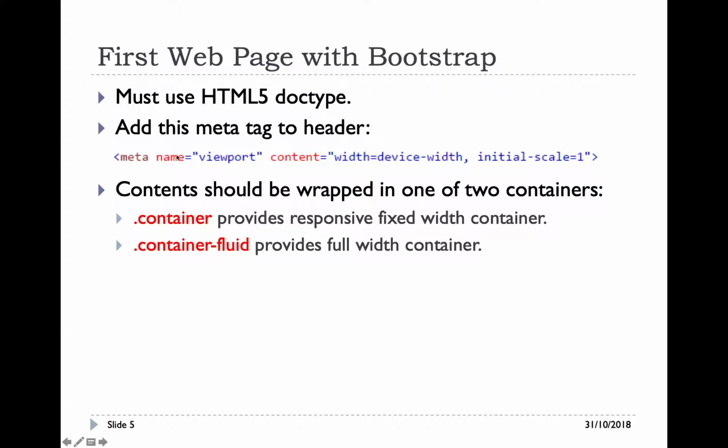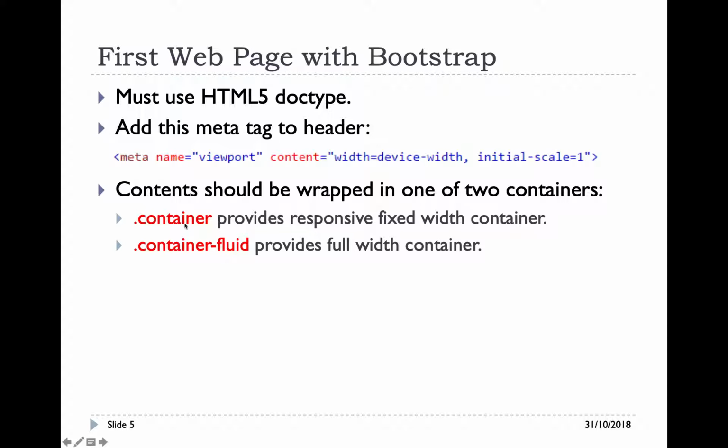What it says for the viewport is that you want to initially set the width to the device width, meaning how wide your display is on the mobile device, and the scale equal to 1. This is something you can actually change. For example, you can set a scale bigger than 1 and then focus on only part of the page. For example, if you have a sidebar, you can set it to only display the main part.